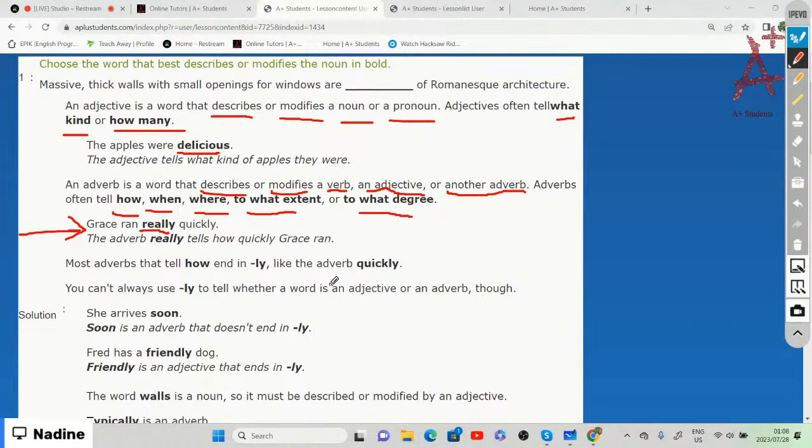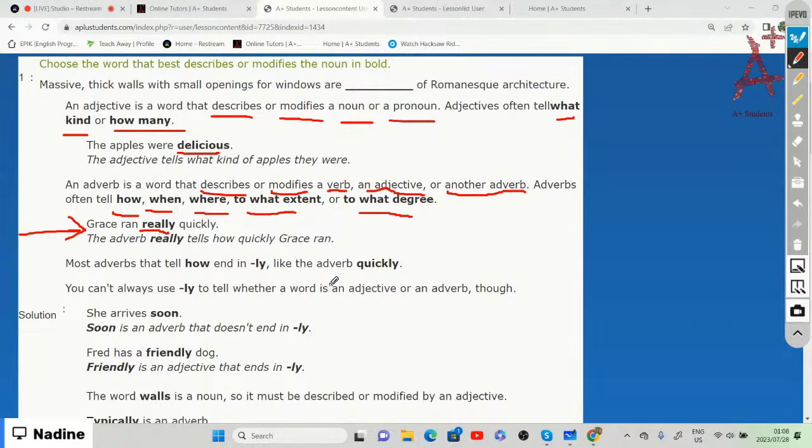In the sentence "Grace ran really quickly," really is the adverb that tells us how quickly Grace ran. Most adverbs that tell us how end in ly.